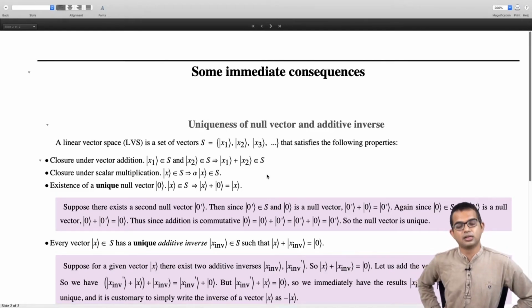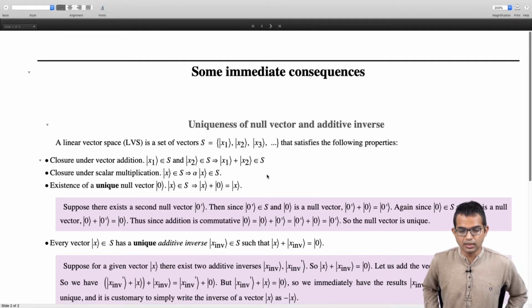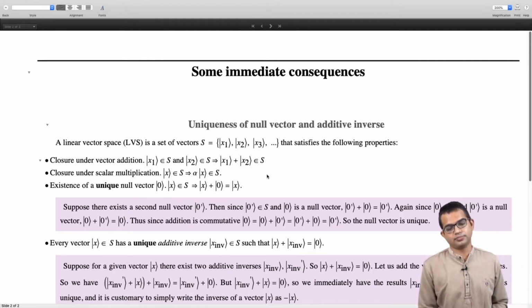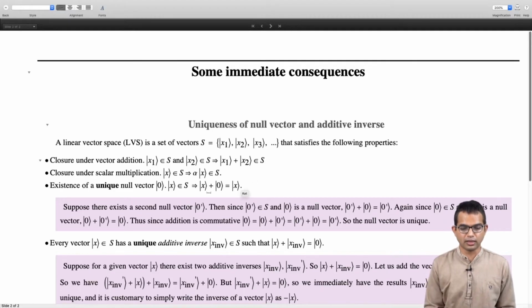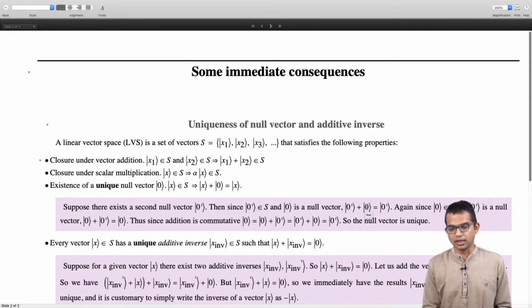Suppose there is a second null vector 0 prime. Since 0 prime is an element of S, the property of a null vector is that if you add x to 0 you must get back x. So 0 prime plus 0 must be equal to 0 prime.